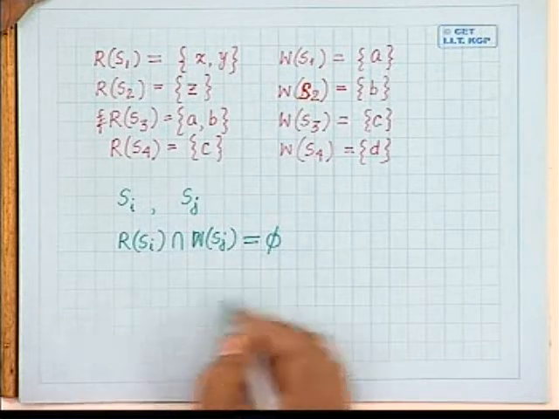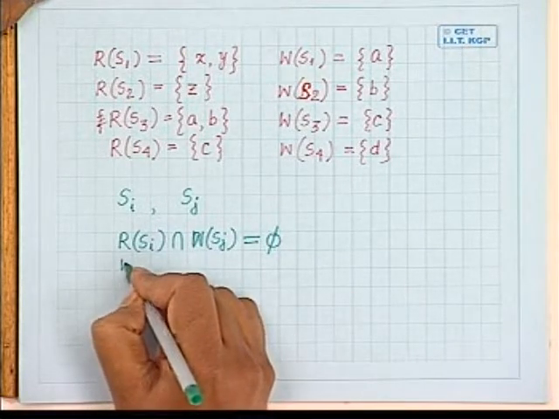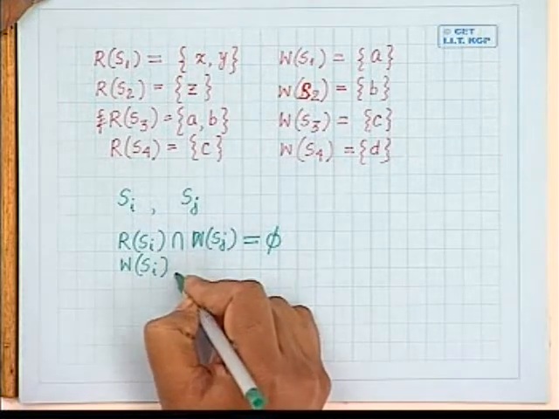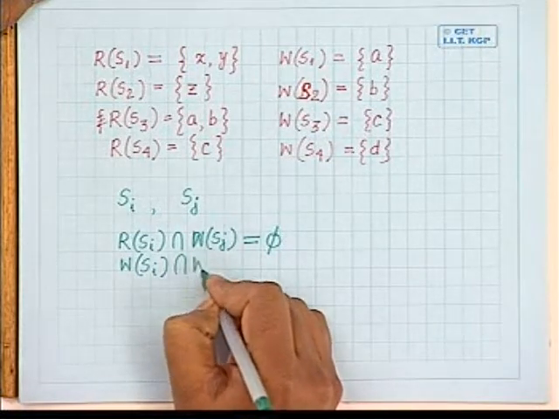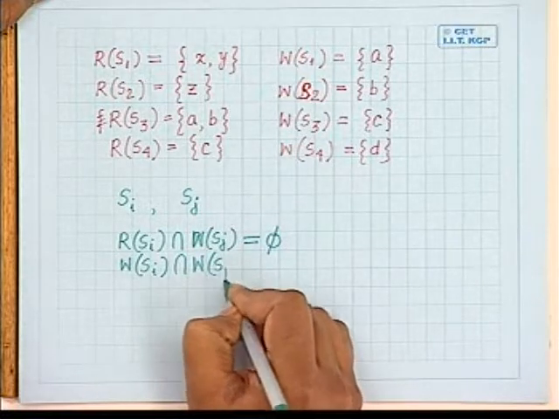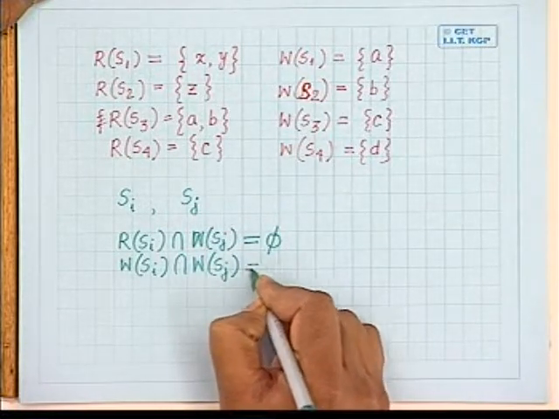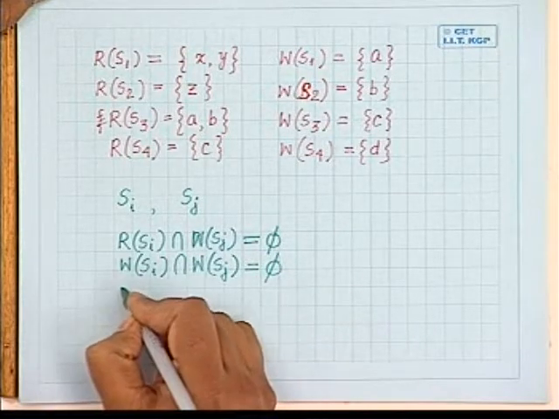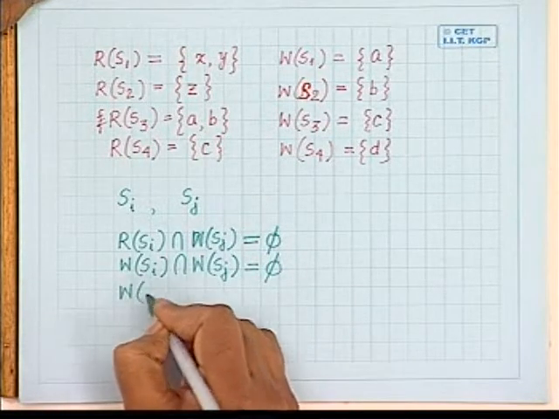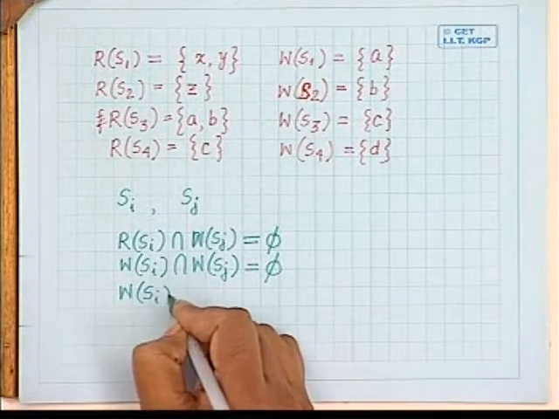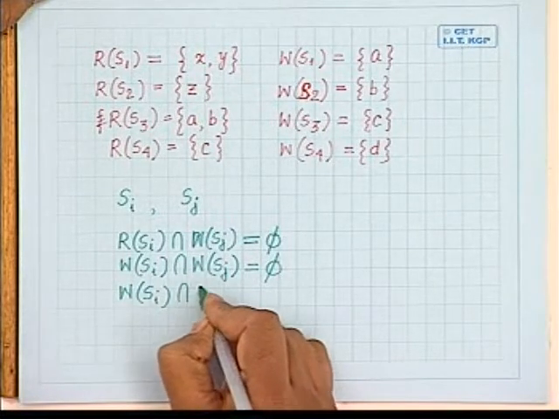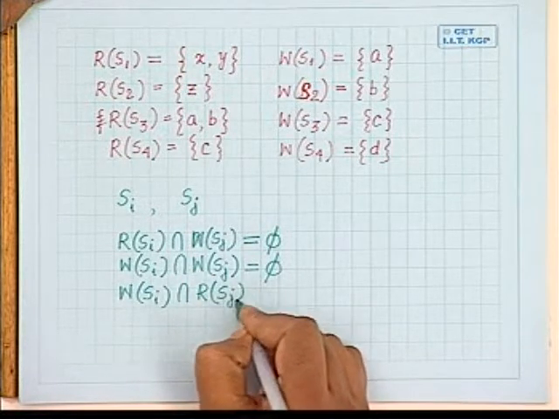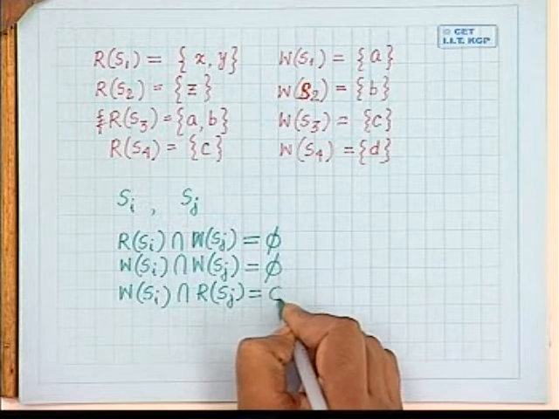Similarly, the write set of Si intersection with the write set of Sj should also be null. Similarly, the write set of Si intersection with the read set of Sj should also be null.